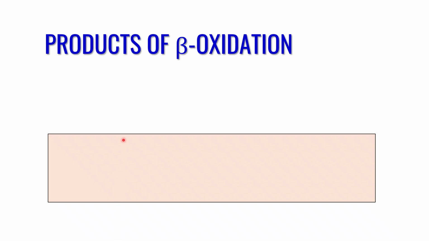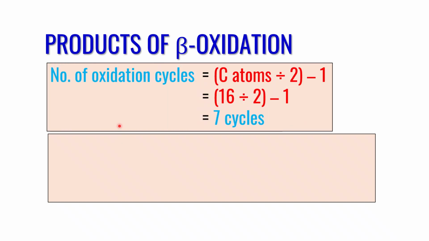Using the following formulas, you can quickly calculate the number of cycles and the number of each product, including acetyl-CoA, NADH and FADH₂, for a given fatty acid such as palmitic acid on complete beta oxidation. For example, the number of beta oxidation cycles will be equal to the number of carbon atoms in a given fatty acid divided by 2, minus 1, which comes out to be 7 cycles for palmitic acid.